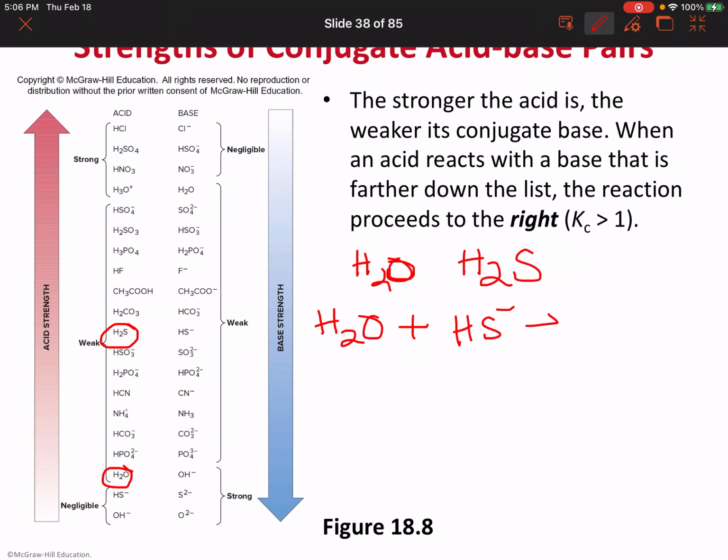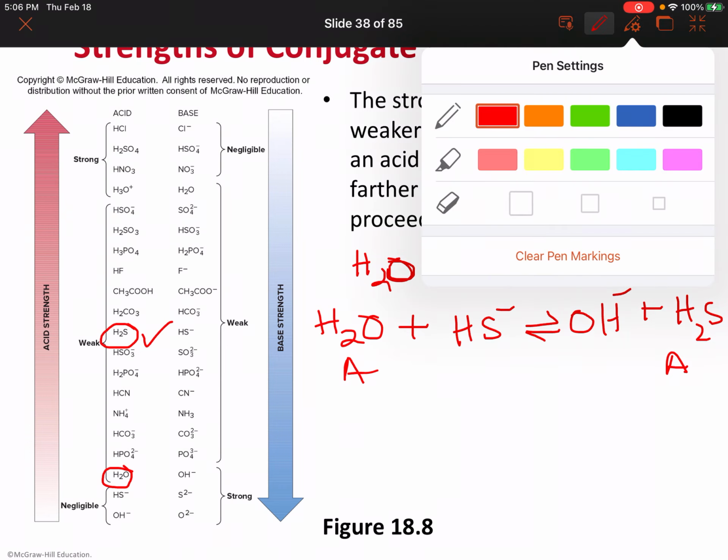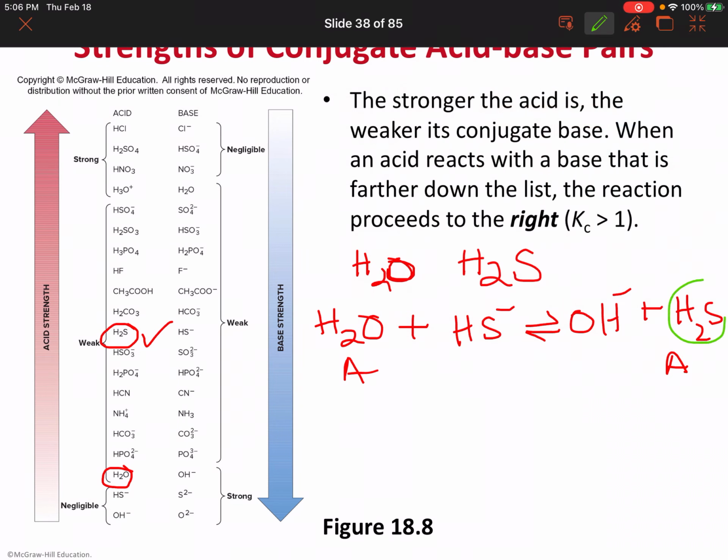Let me show you your reaction: HS minus plus H2O gives OH minus plus H2S. Between the two acids, we identified H2S as the strong acid. I put S for strong.